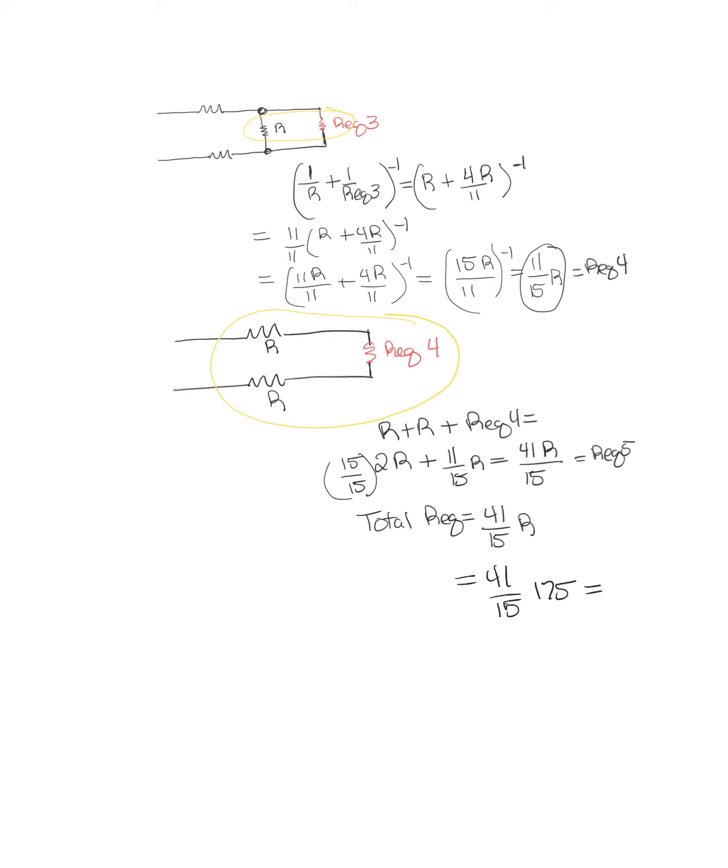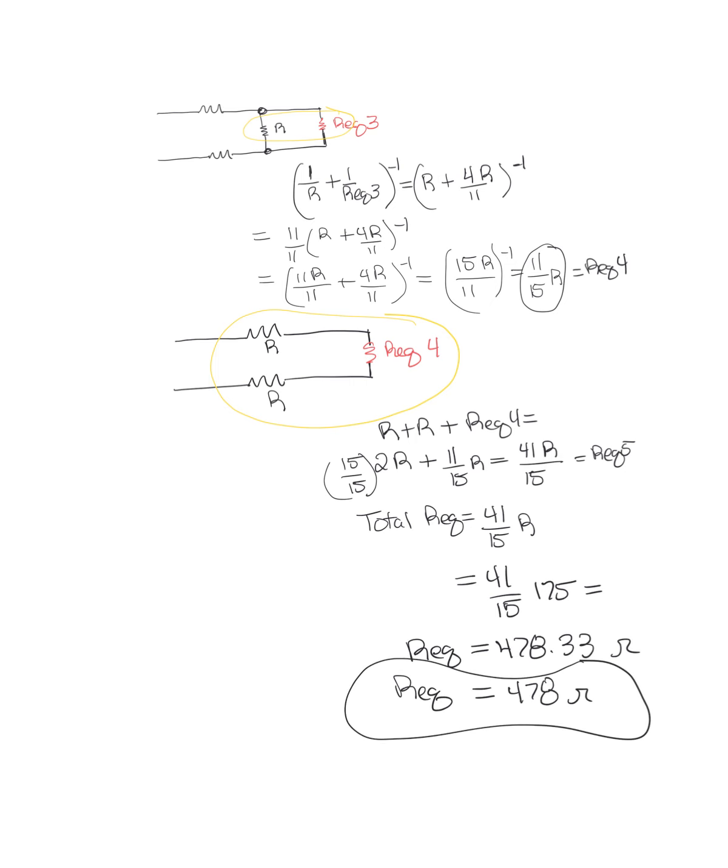Plug that into the calculator. And we get that our equivalent resistance is 478.33 ohms, which you could round to 478 ohms because we were given 3 significant figures. And that is how you calculate equivalent resistance. And we'll do some more practice.